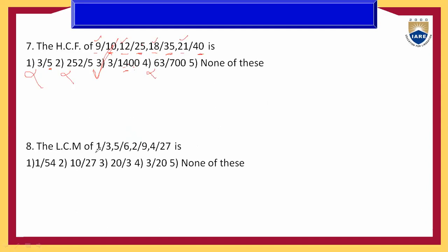Next, LCM. The LCM of 1 by 3, 5 by 6, 2 by 9, 4 by 27 is. First find the LCM for the numerators. The LCM for fractions is equal to the LCM of numerators divided by the HCF of denominators.